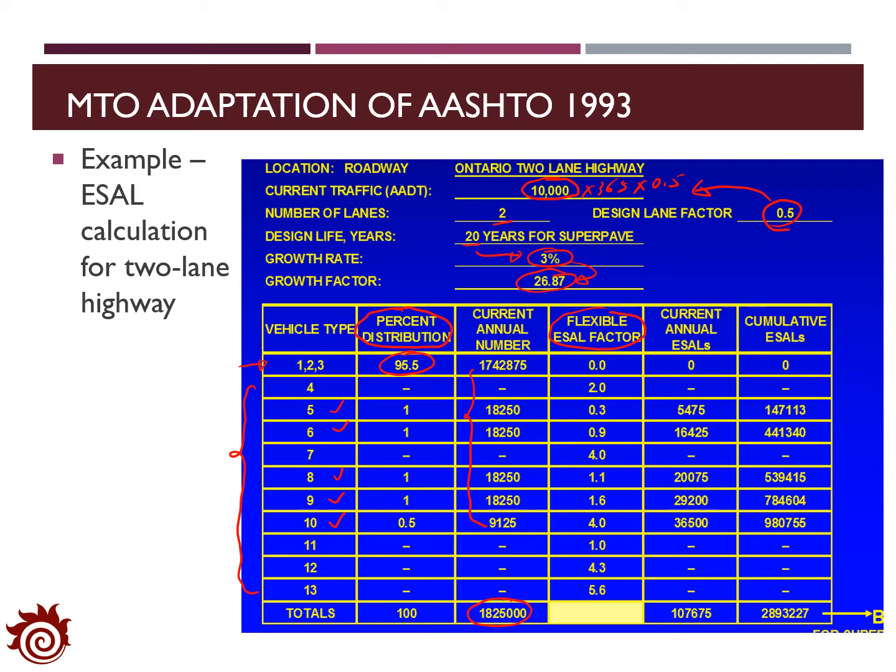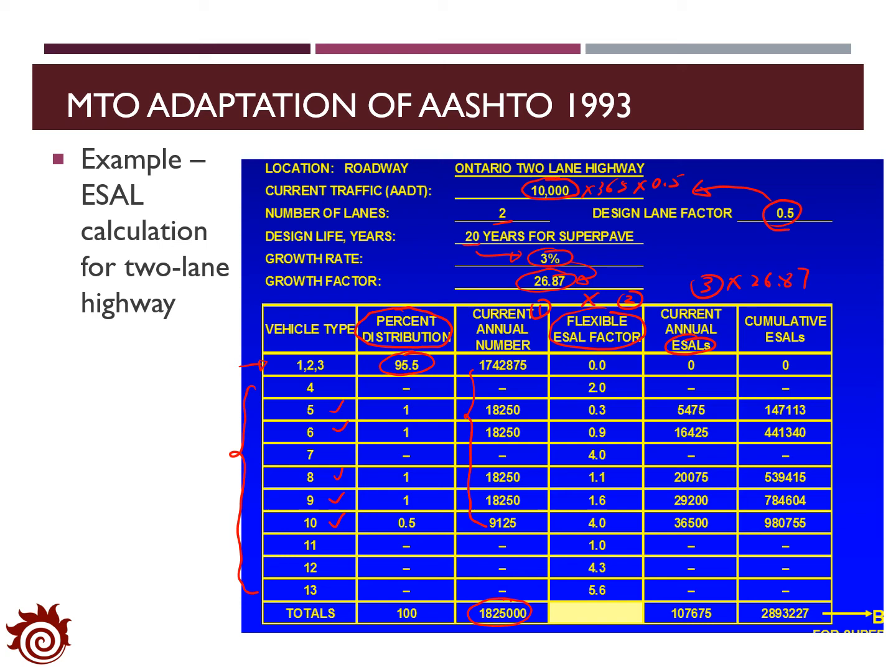With that, we can find out the current annual ESAL, which would be column 1 times column 2. We see that this one is column 3, then the last column, cumulative ESAL, would be column 3 times the growth factor, that is 26.87.